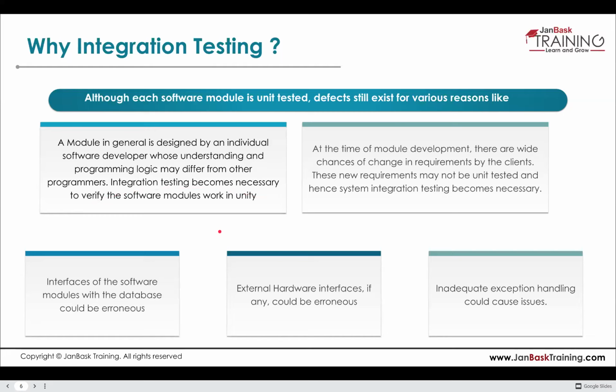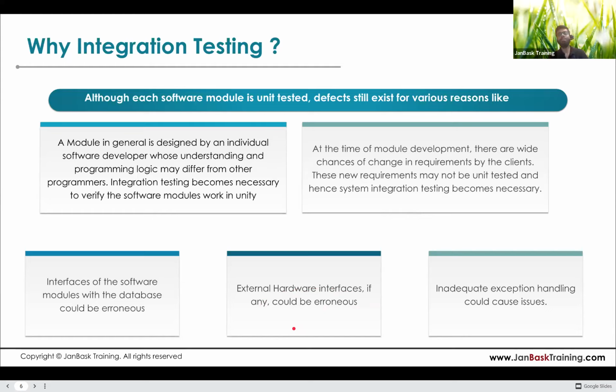Now, if the interfaces between the software modules and the database are erroneous, then when we integrate these modules, it could possibly have some defects. Now, external hardware interfaces, if any, could be erroneous, because we might be using some external hardware as well.